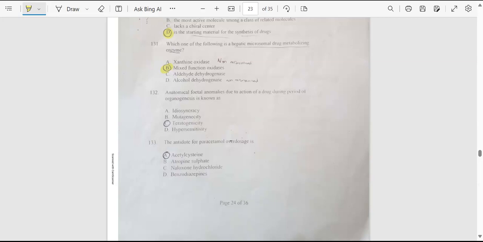And then alcohol dehydrogenase converts alcohol to aldehydes or ketones. Are we in agreement?